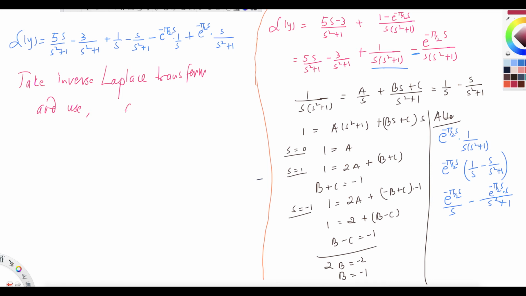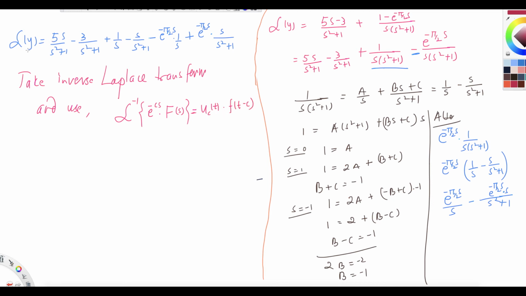We know that the inverse Laplace transform of e to the negative cs times uppercase F of s equals u sub c of t times f of t minus c. That's what you write, right?